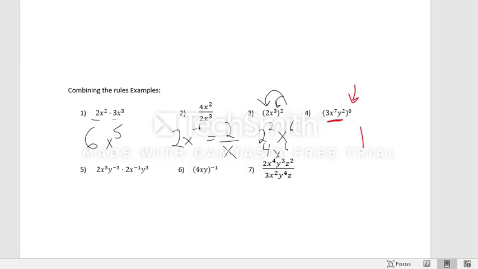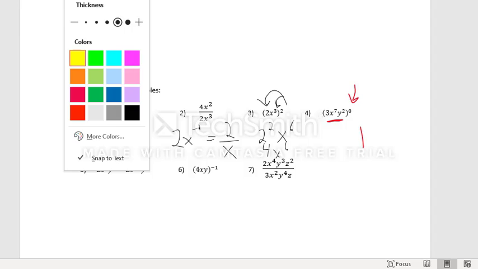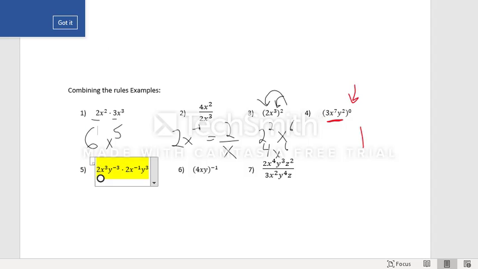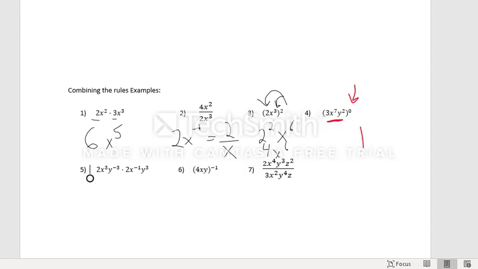All right, now number 5, when we look at that, remember to keep numbers. Keep the numbers together, treat them normal like you normally do. 2 times 2 gives us 4. Now you have to pay attention to what has the same base, x to the third and x to the negative 1.